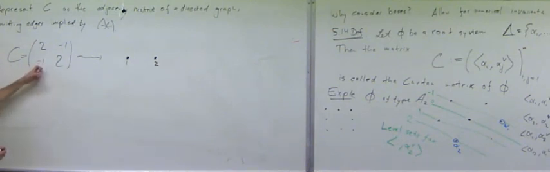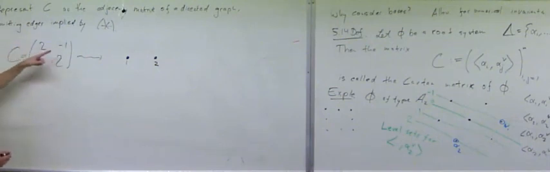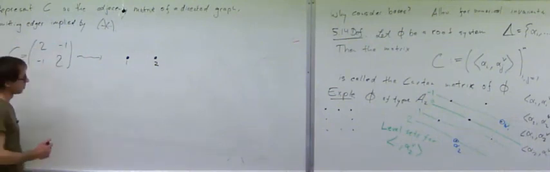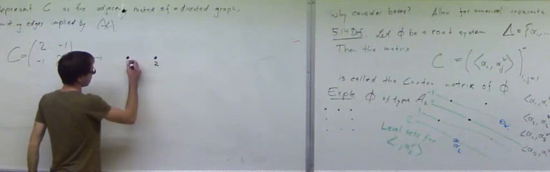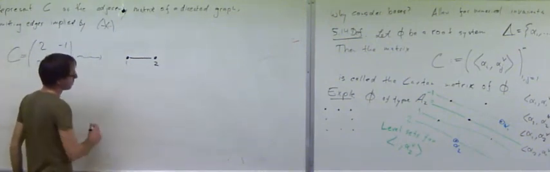And then we have a -1 here at the 1, 2 component, and also a -1 at the 2, 1 component. So I would just indicate an unoriented edge here.